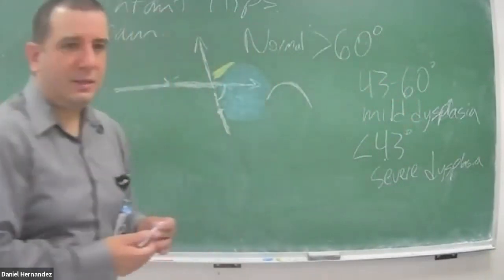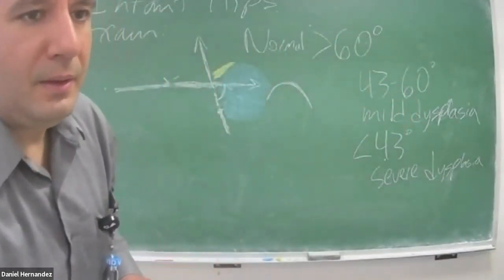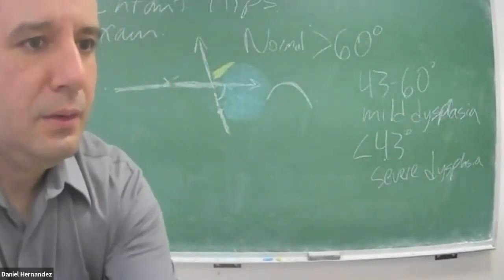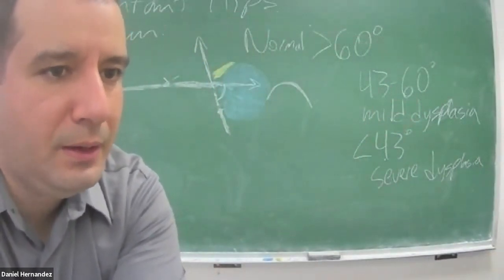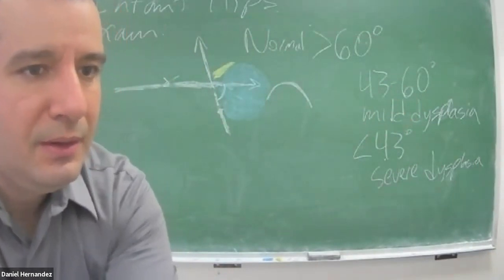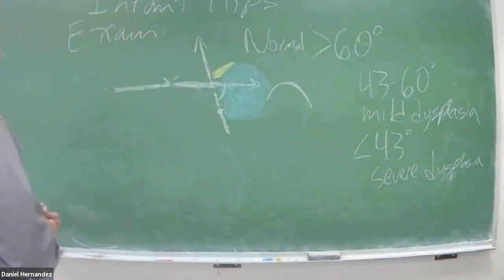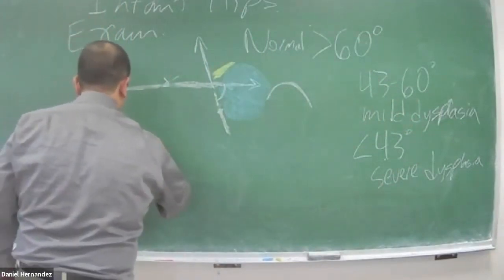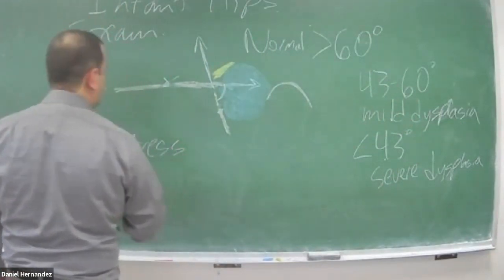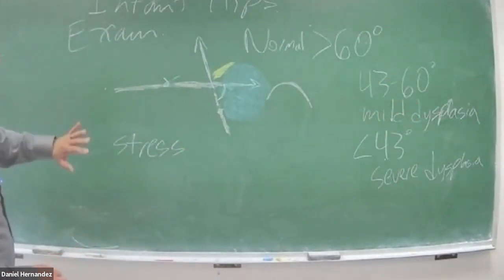So we're going to stress the hip. We're going to do stress maneuvers, performing abduction and adduction. Also capture stress images. So we'll image normal, resting.